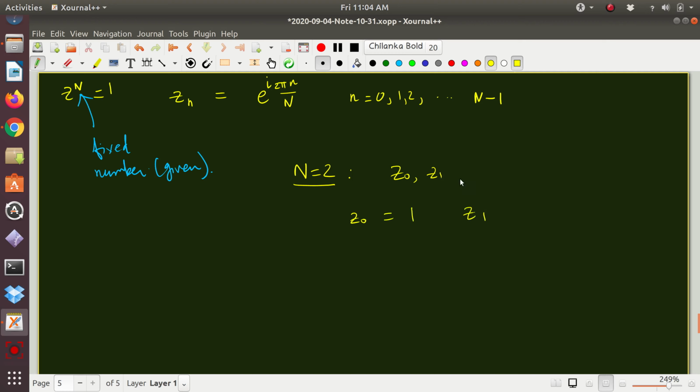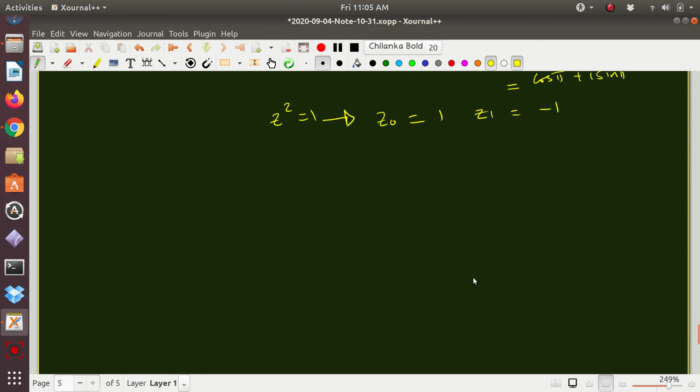And then z1, you put small n is equal to 1. z1 is equal to e to the 2 pi i, and capital N is 2, small n is 1, so the 2 cancels. e to the i pi is cos pi plus i sin pi. Now cos pi is nothing but minus 1. So the 2 roots of z squared equal to 1 are plus 1 and minus 1, which is something we know even from notions of real numbers.